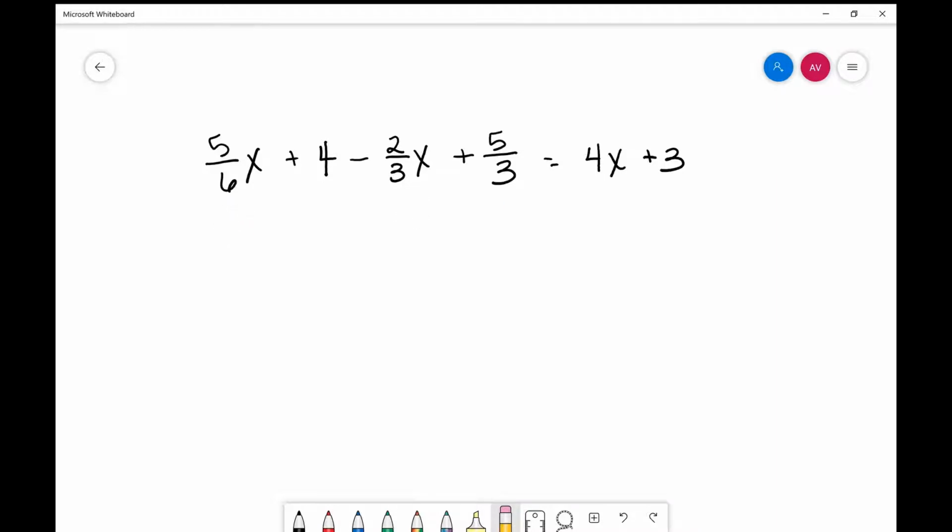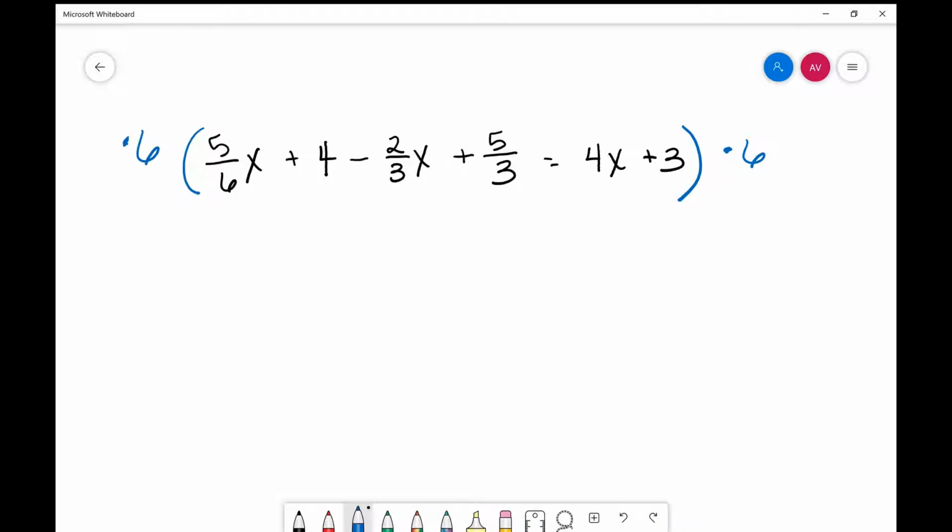So what I'm going to do is multiply both sides of this equation by 6. I've already demonstrated this in my previous example, so this is a little bit more involved. I've got some more terms here, but I can still do the same thing.